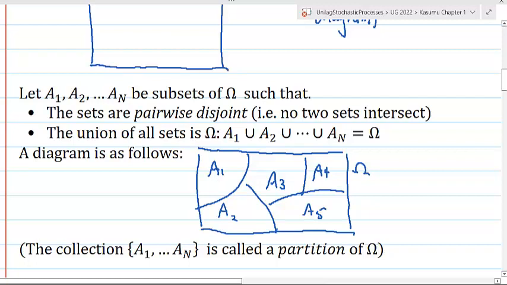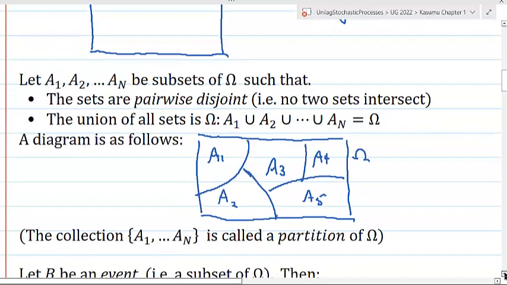So you can see that no 2 of these sets intersect. There's no overlap between A1 and A3, for instance. No overlap between A3 and A5. The union of these sets is all of omega because they divide up the entire set. So such a collection of sets is called a partition of omega. You may have seen that in other classes.